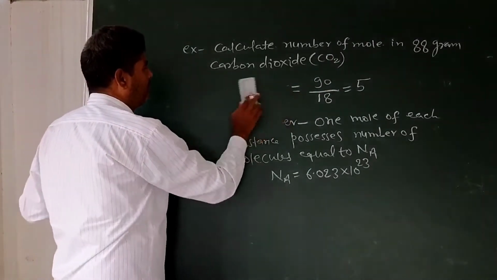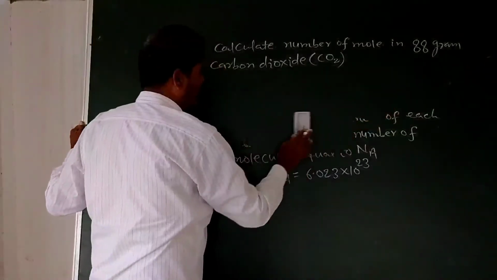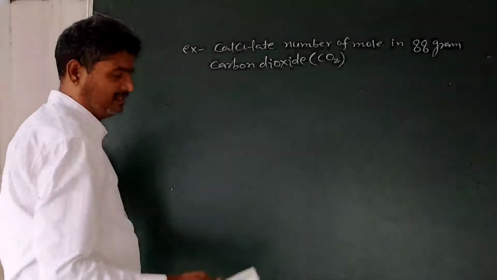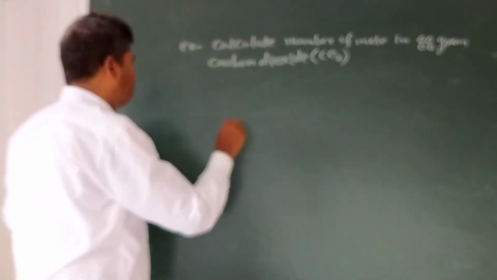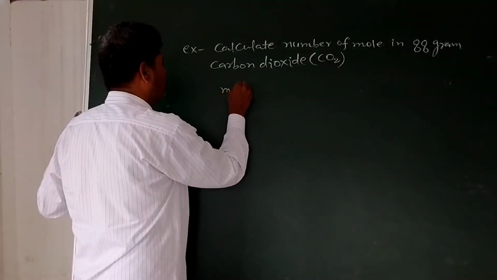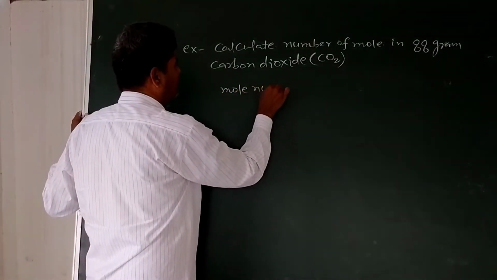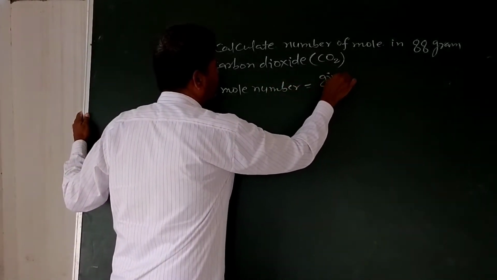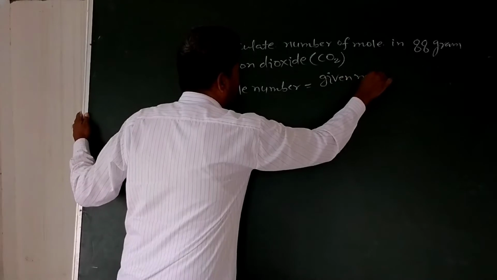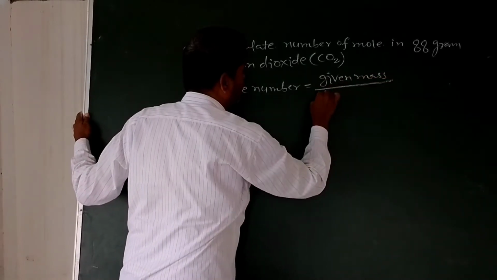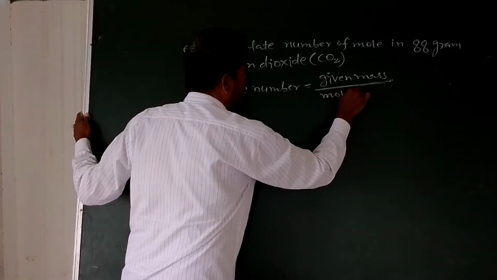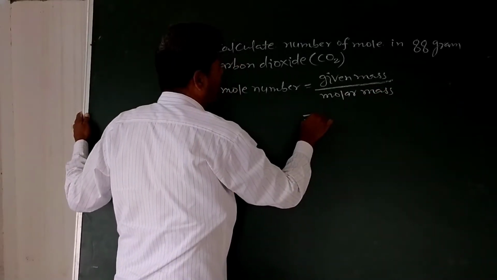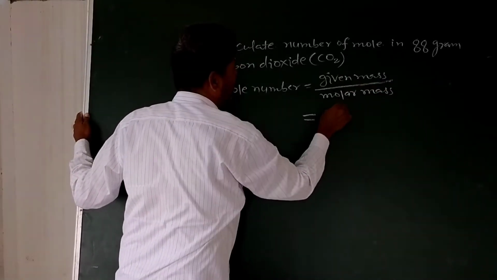First of all, we will find the mole number. Mole number of carbon dioxide is given mass upon molar mass. The given mass of carbon dioxide is 88 here.